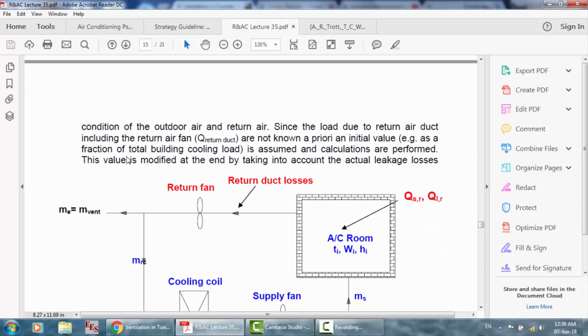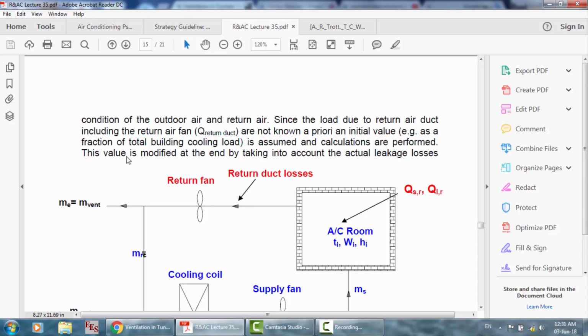Since the load due to the return air duct, including the return air fan, Q return duct, is not known a priori, an initial value, as a fraction of total building cooling load, is assumed and calculations are performed.